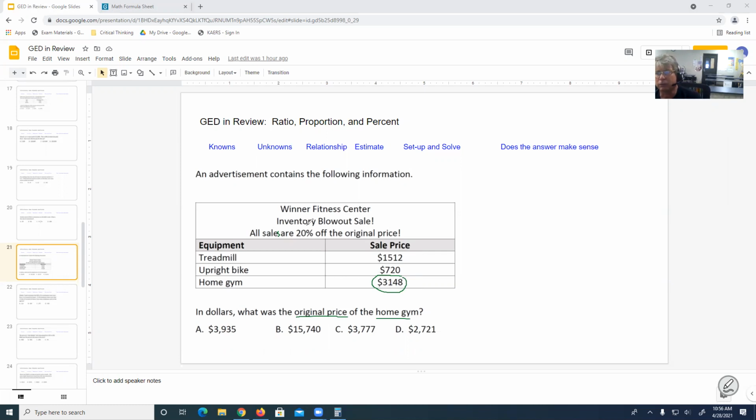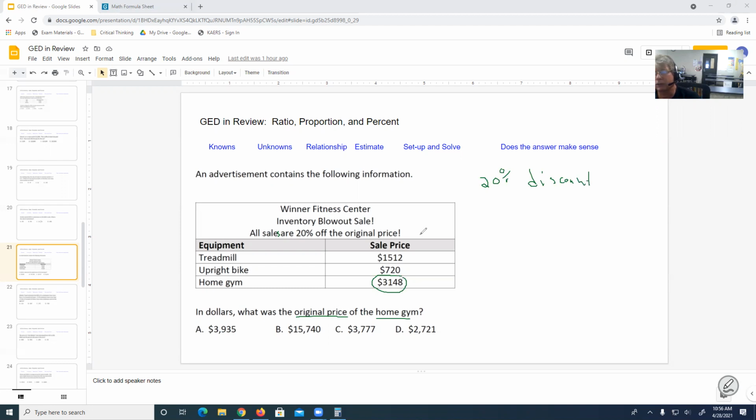And I'm also seeing this little percent tucked away up here, 20% off. Now, some things to pick up on though is the 20% is actually the discount. They're not giving me the discount.